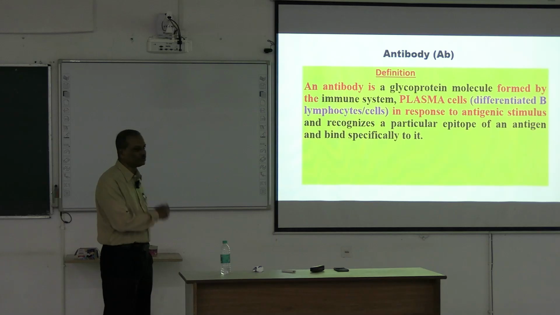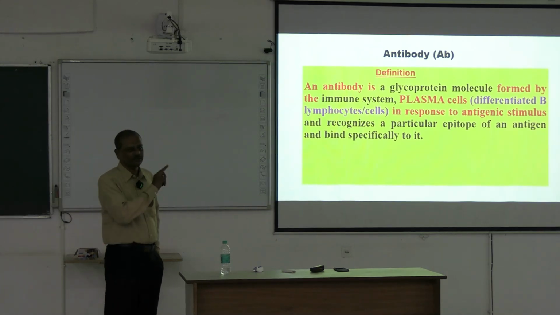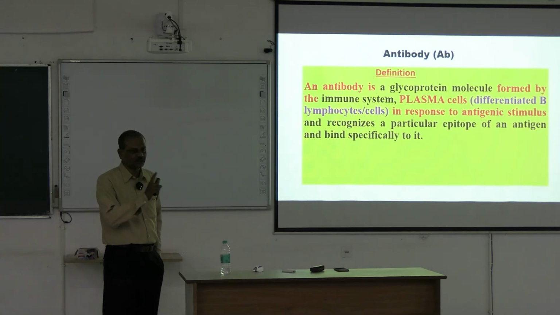It is made by the immune system, that is plasma cells, and these plasma cells are differentiated B lymphocytes or B cells, whatever you say. Specifically it is created by the plasma cells, loosely we can say B cell, in response to antigenic stimulus, otherwise it will not be produced.